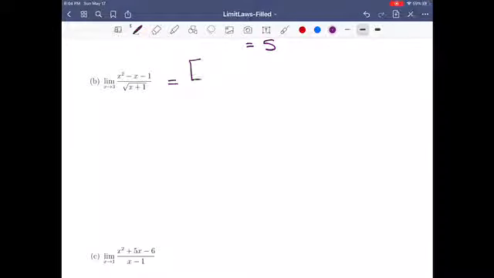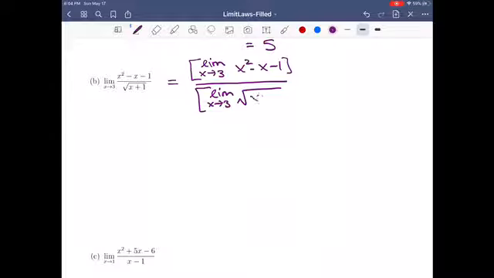So I'm just going to try and do that and hope nothing bad happens. Okay, so that's where I can do the limit of the top divided by the limit of the bottom. Okay, so right now we used the limit law for quotients.